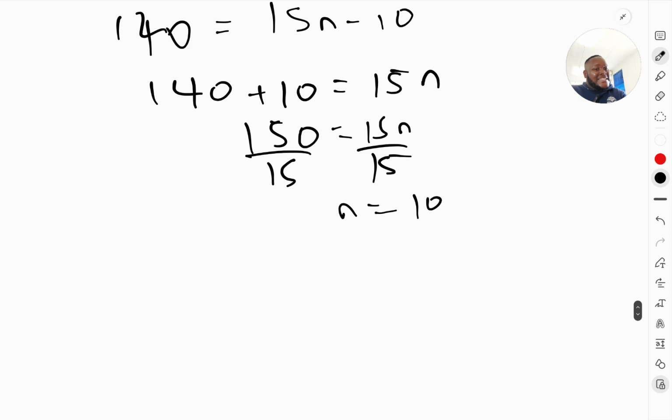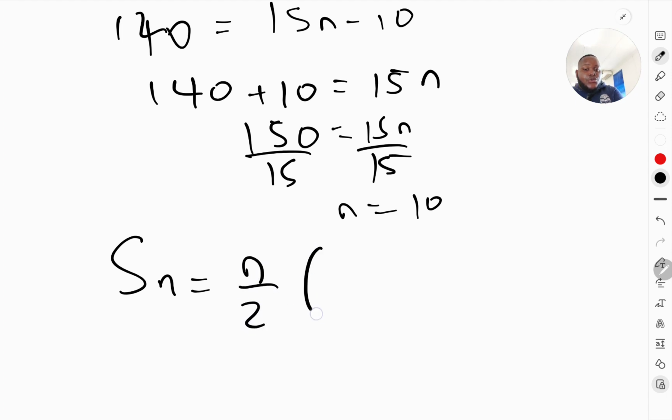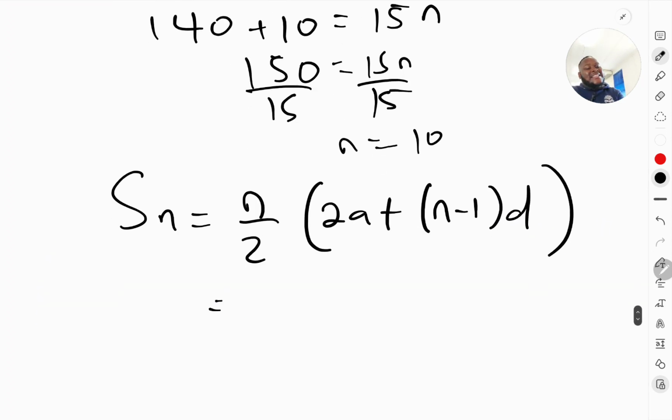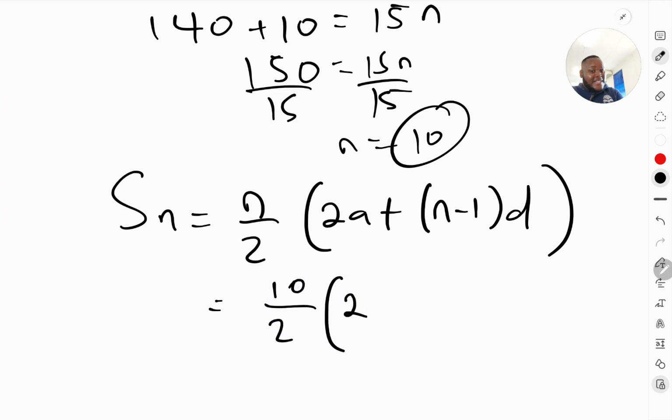So if I'm looking for the sum of those that are divisible by 5, I'll say Sn is equal to n over 2, then 2a plus (n minus 1) multiplied by the difference here. So since 140 is the 10th term for the numbers that are divisible by 5, I'll have 10 over 2. What is the first term?